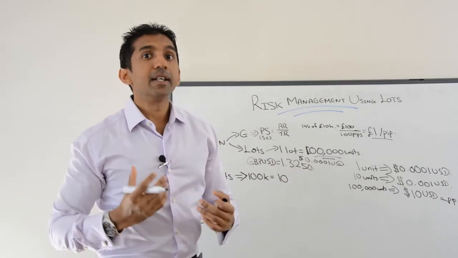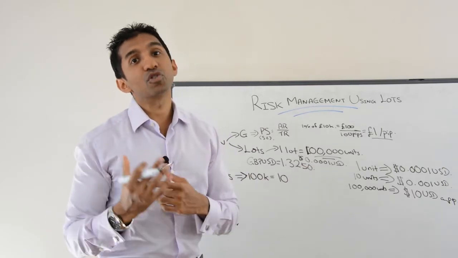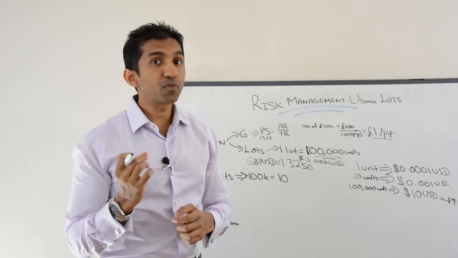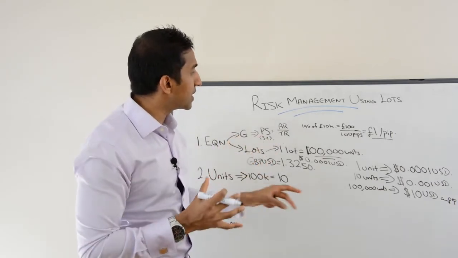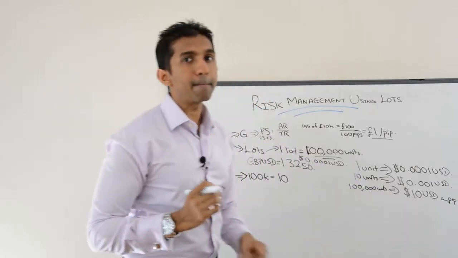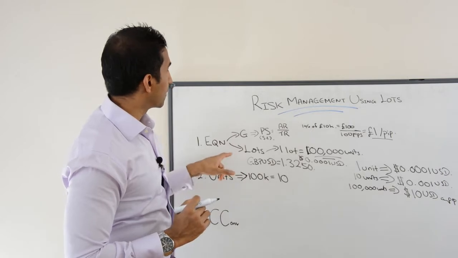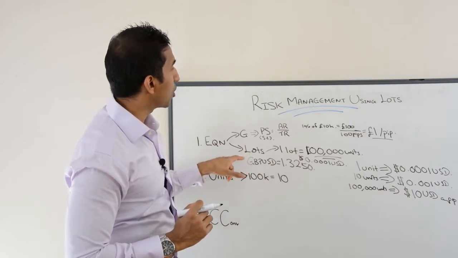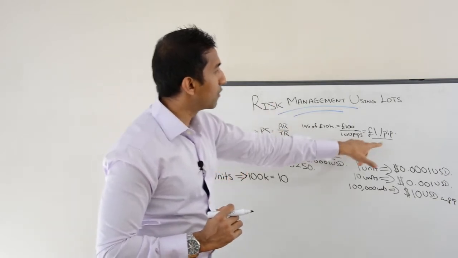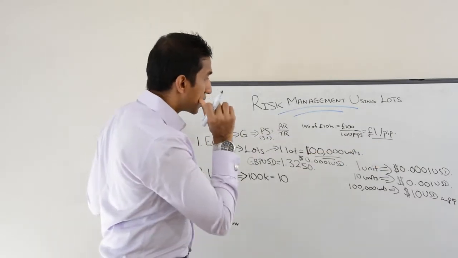But if you bought, let's say, 1,000 of them, then you'll be making £300, right? So that's what we're saying. So it's the quantity that is multiplying the profit that you are making, all right? So that's the second point that we need to know in terms of formulating the equation for the lots-based risk management to convert this into per lots, right? So let me go on further. All right, so we understand this.